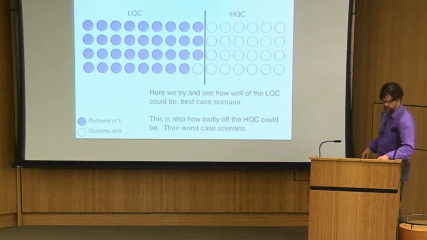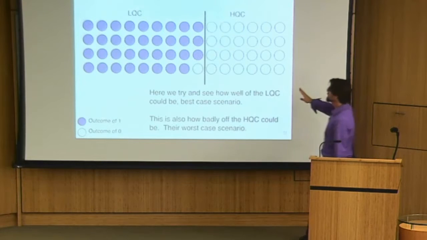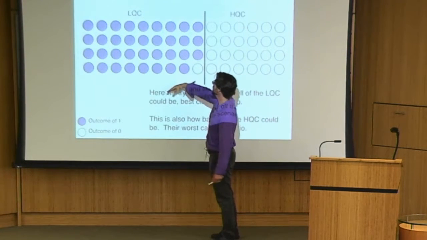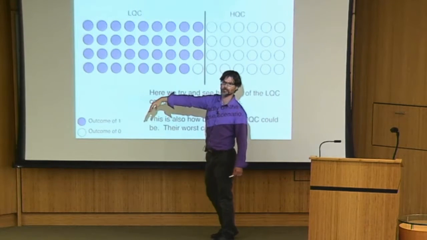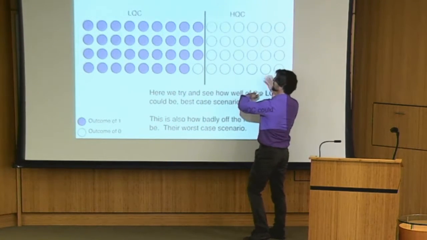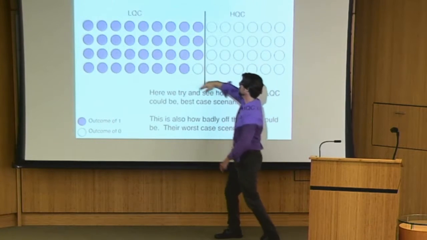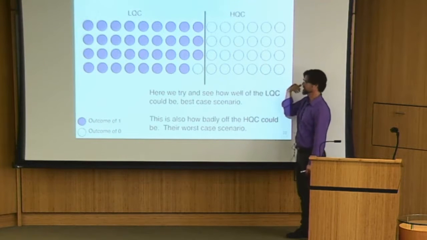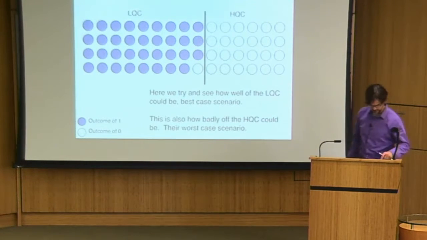But our worst case would be all of the on-track people are low quality, so we move all the dots over here. And then the other version would be to try to move as many of the dots on this side. We can fill all of this, and we're going to have a few dots left over. But in this case, our lower bound on high quality is 0. And if we flip it, it's the other way around.